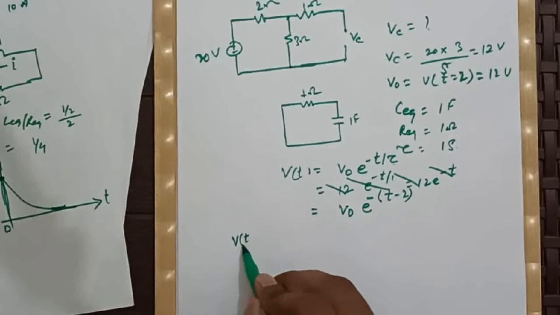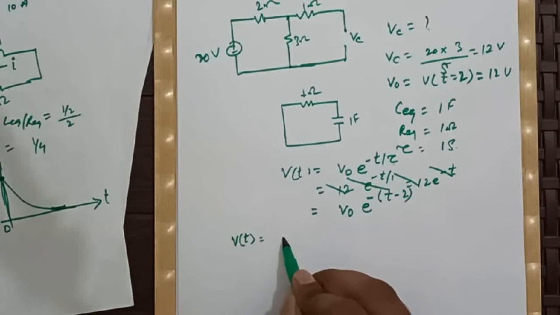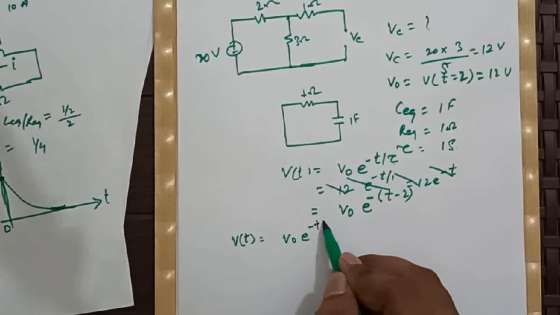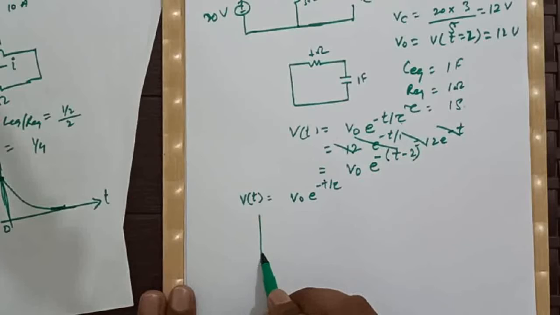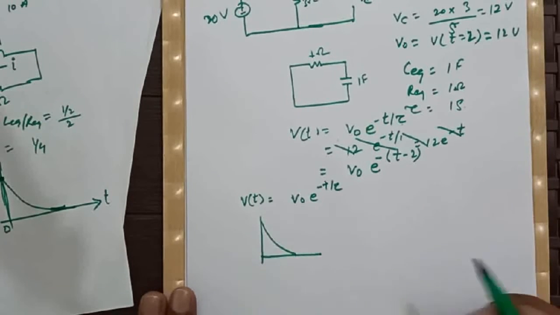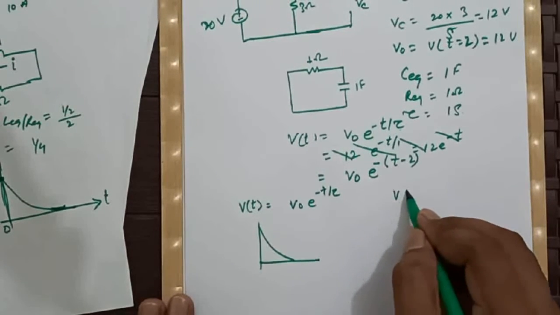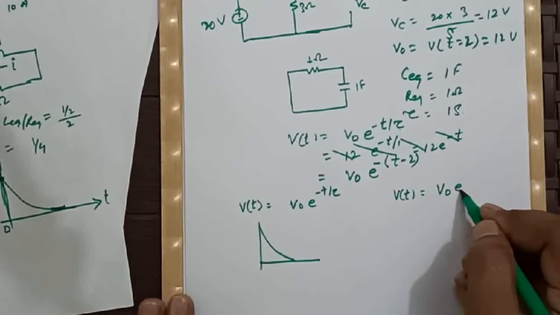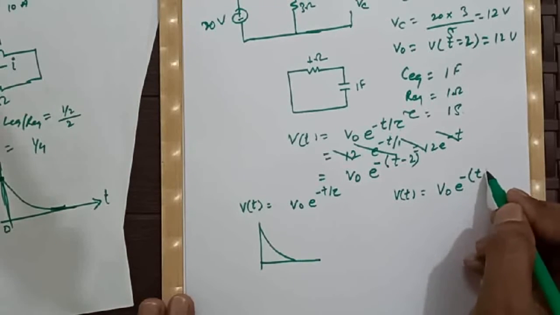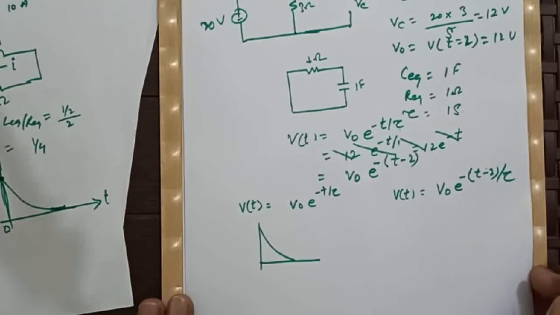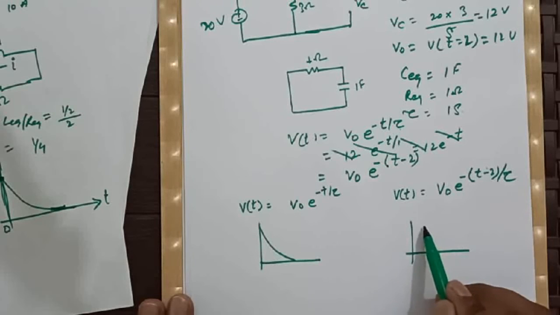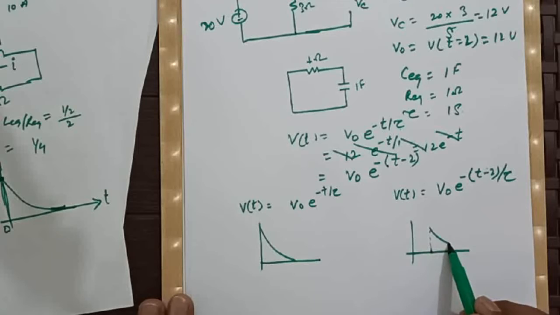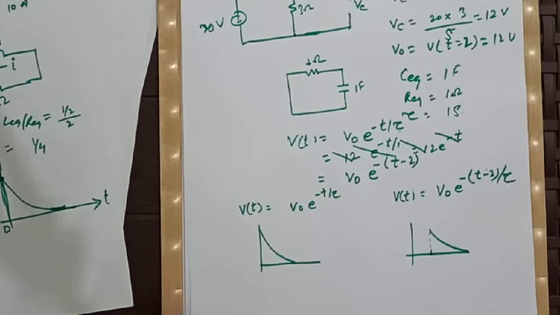If V(t) is equal to V naught e to the power minus t by tau, then it will have a form like this. But if V(t) is equal to V naught e to the power minus (t minus 2) by tau, in that case we will shift the graph by 2 units, to the right.